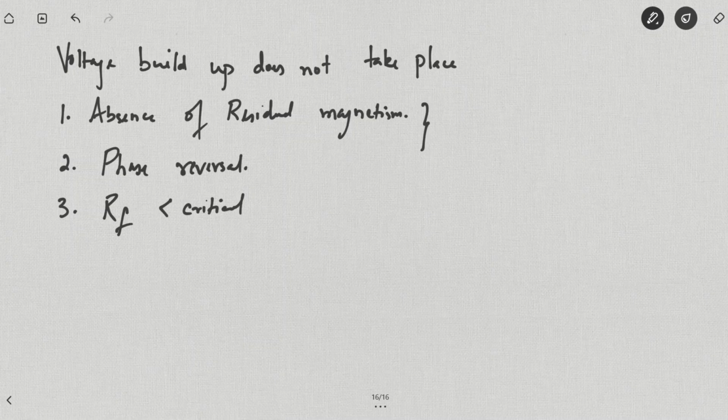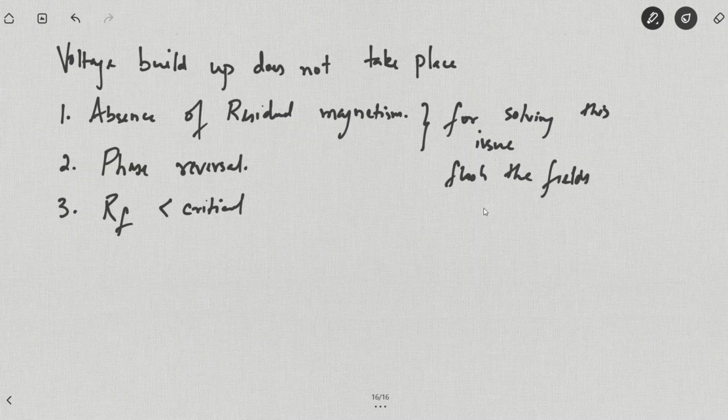This is known as flashing, for addressing this issue. What we do is we flash the fields. Flashing the field means connecting the field winding to a DC battery.